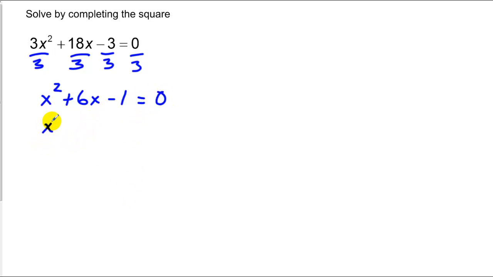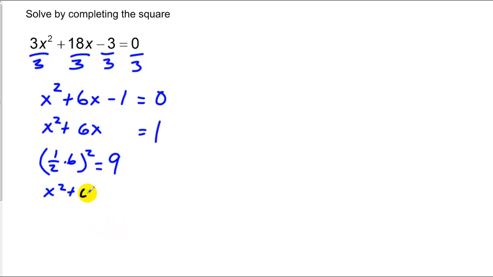Next, I'll isolate my variable terms. I'll take half of my b term and square it, which will give me 9. I'll then add that to both sides of the equation.